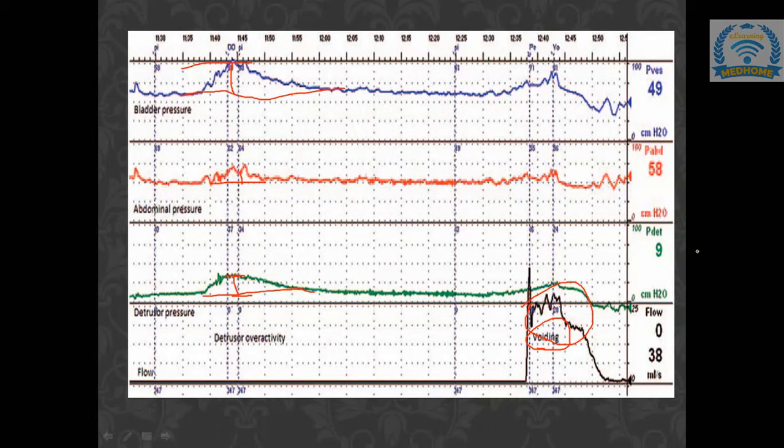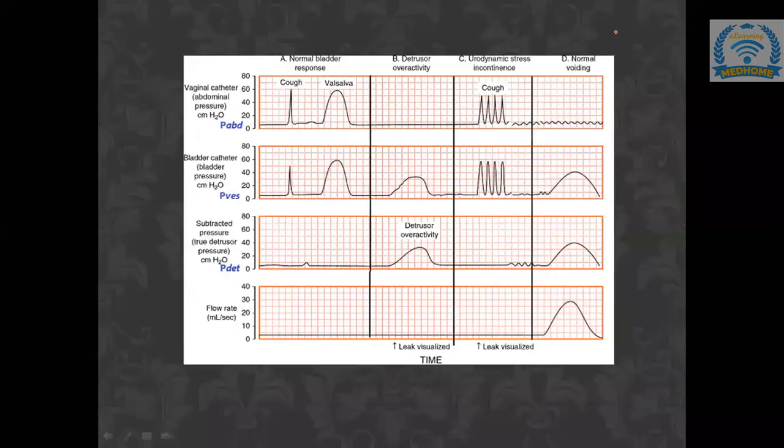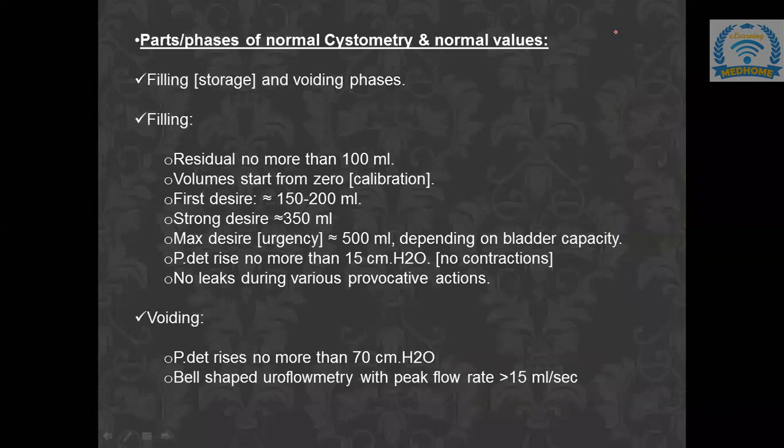Is this graph clear to all of you? Yes, ma'am, now we understand. Is 15 ml per second the maximum flow rate, or is it the normal? My question is, if the flow rate mentioned here is 38 ml per second, the previous slides said it was supposed to be 15 ml per second, right?